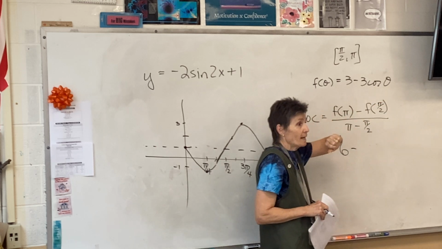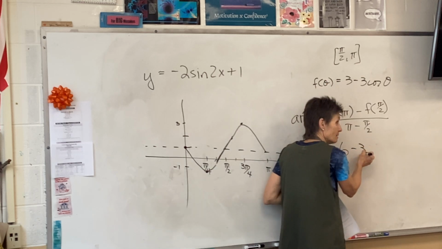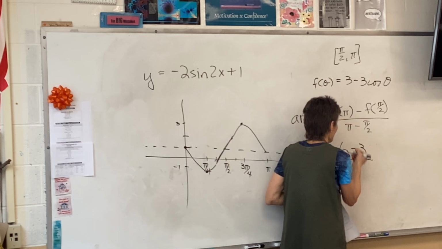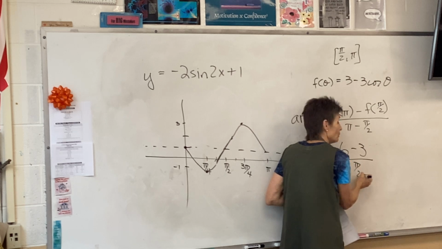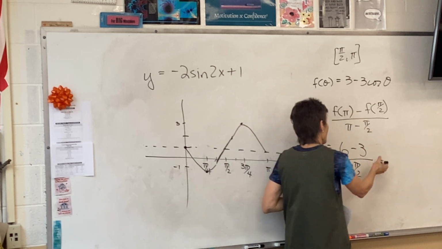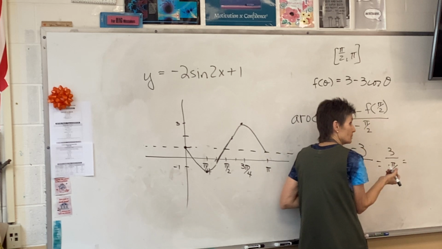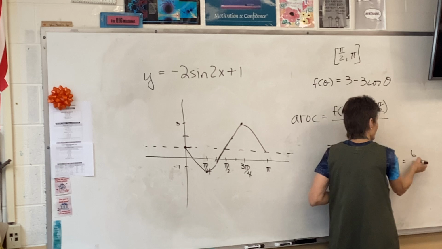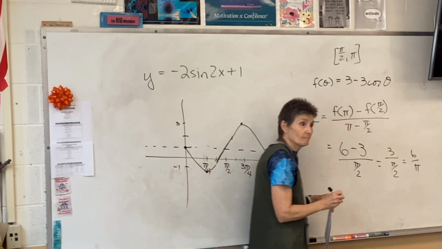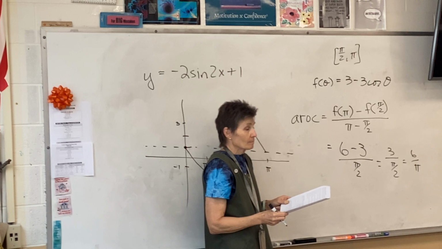What's the cosine of pi over 2? 0, so that's just going to be 3. And that's going to be over pi over 2 when I subtract those. So I have 3 over pi over 2, which is 6 over pi. Is that okay?